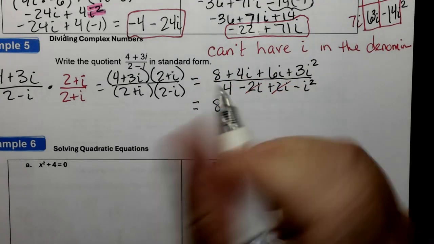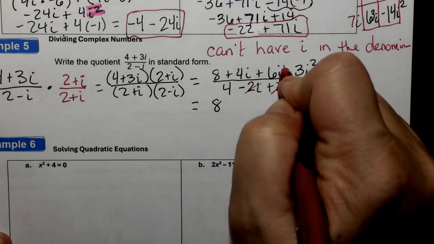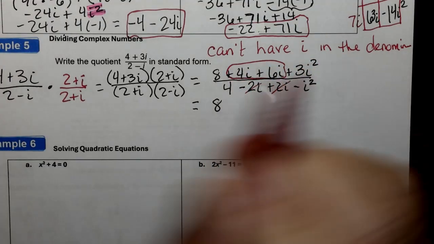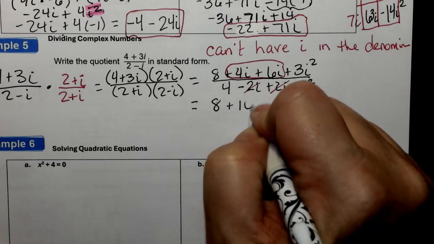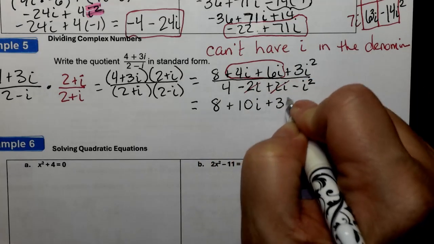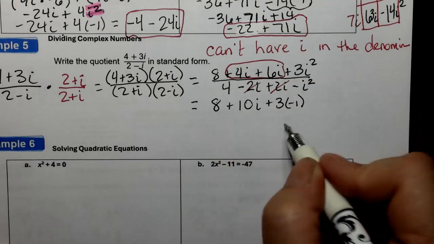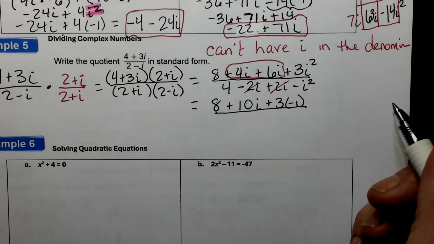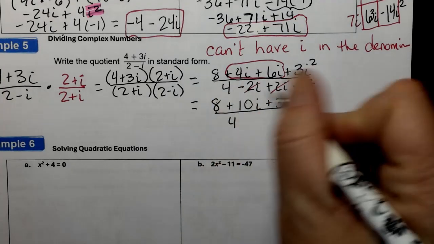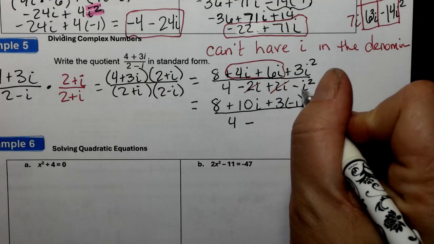So we have 8. I can combine these two terms together, so I'm going to go ahead and do that now. I have 4 plus 6 is 10, plus 3 times -1. Could you skip writing the -1? Yes, but for note purposes, I want you to know how we went from one thing to the other. Then we got 4 minus, and if there is no number, there is 1.